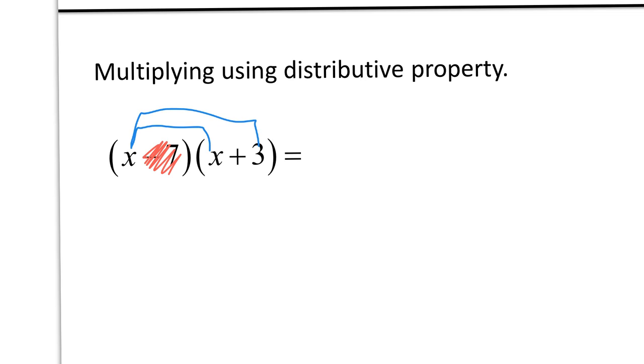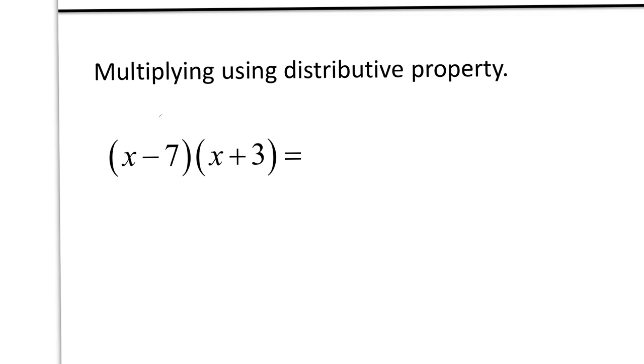And after you do that, imagine you don't have the x, so you cross out the x right there, and you distribute the negative 7 and multiply by the x and the 3. After you multiply all those together, you are going to combine like terms. So let's do this step by step to show you the distributive property with two binomials.